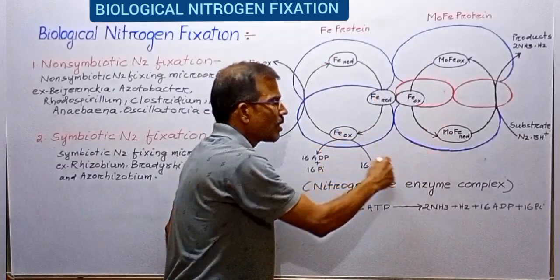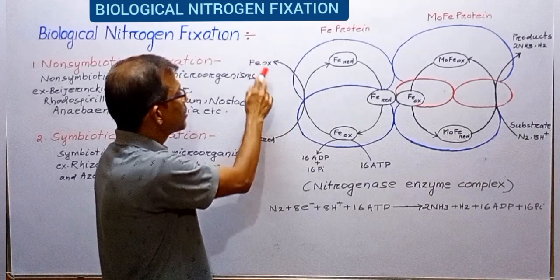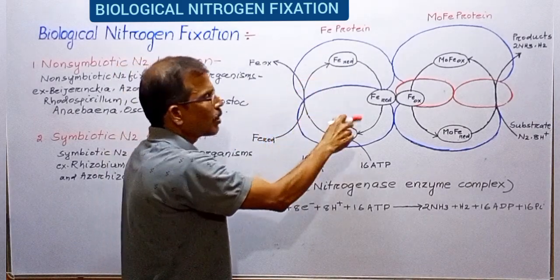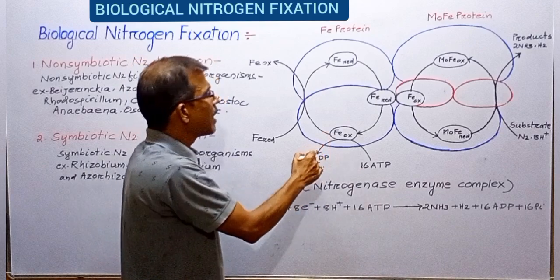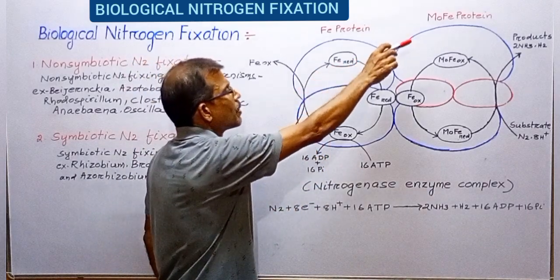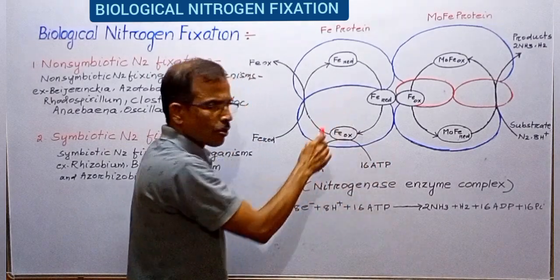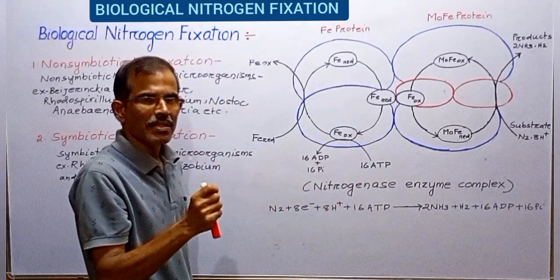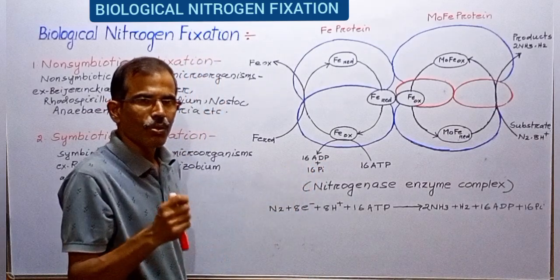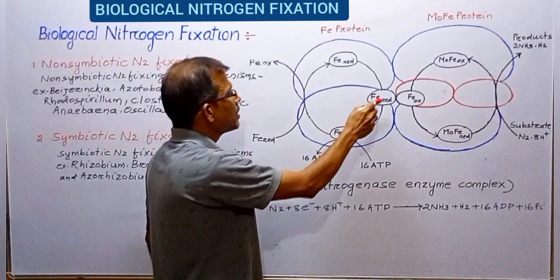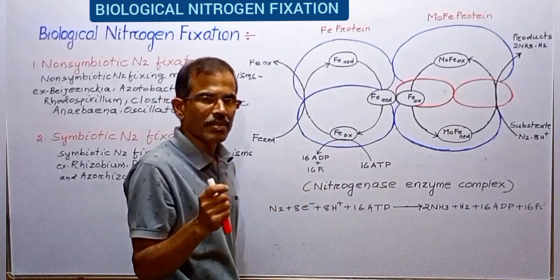In the overall nitrogen reduction reaction, ferredoxin serves as electron donor to Fe protein, which in turn hydrolyzes ATP and reduces MoFe protein. Binding of ATP to Fe protein and its hydrolysis to ADP and inorganic phosphate is thought to cause a conformational change in the Fe protein which facilitates the redox reaction.